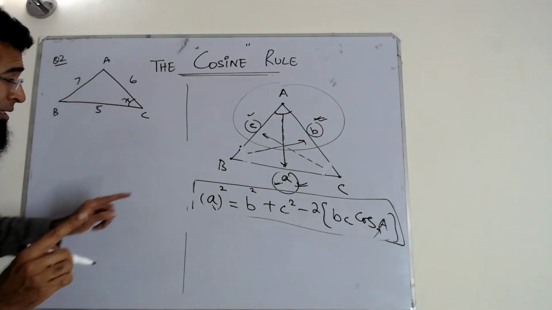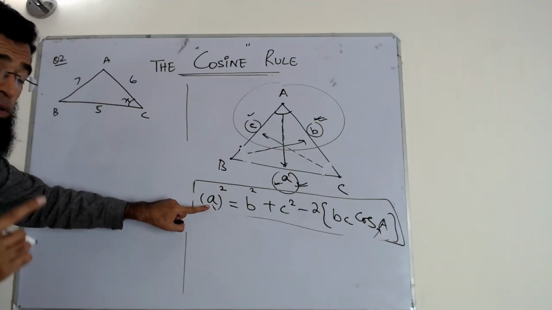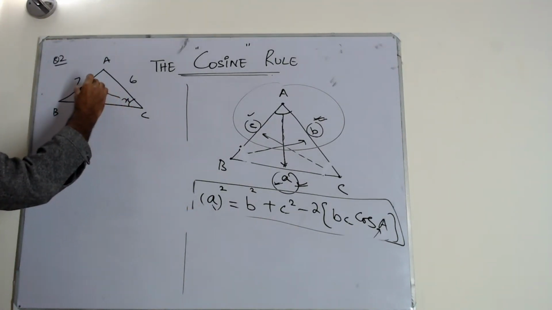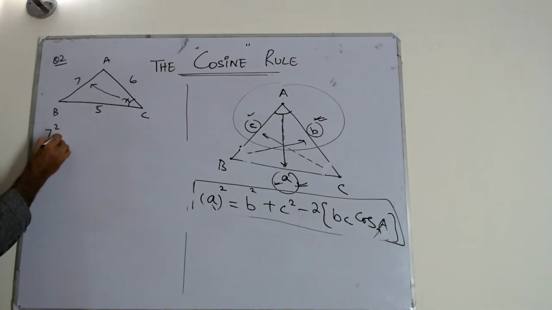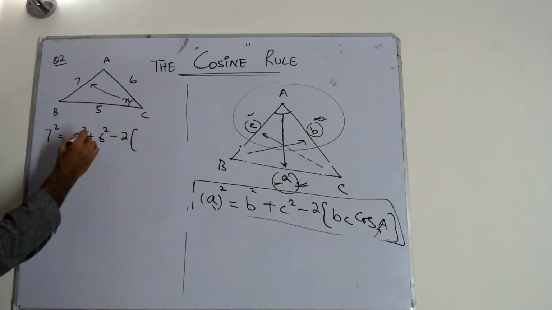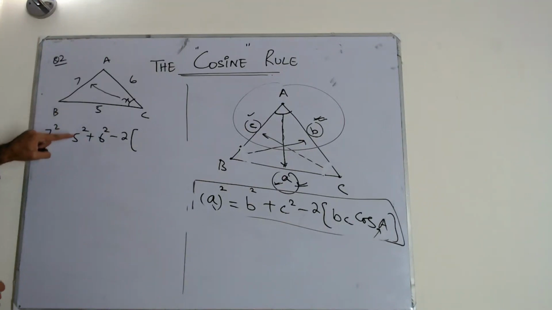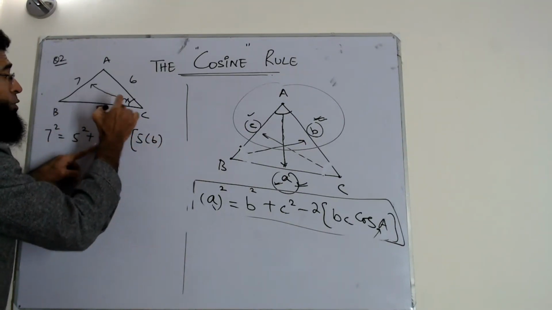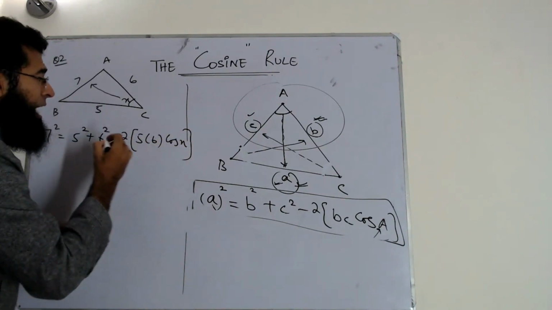Again, the same point: which side would you take as the subject? The length which is opposite to the angle. So 7 square is equal to 5 square plus 6 square minus 2 times the product of these 2 lengths, 5 into 6 into cos of the included angle, right?